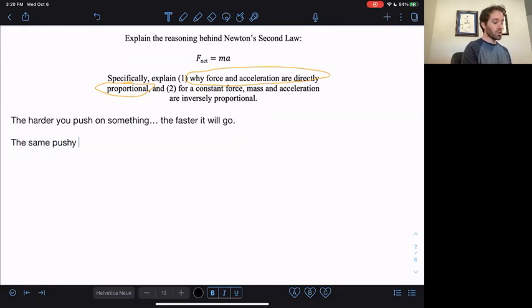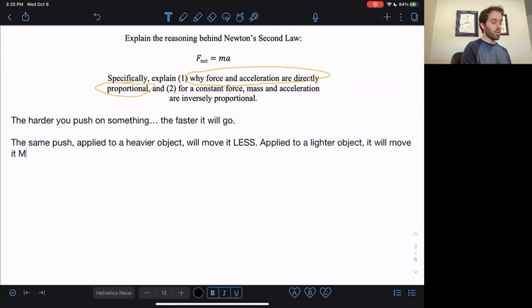The same push applied to a heavier object will move it less. Applied to a lighter object, it will move it more. Once again, this is no fancy calculations or formulas or anything like that. We're just going for proportionality.